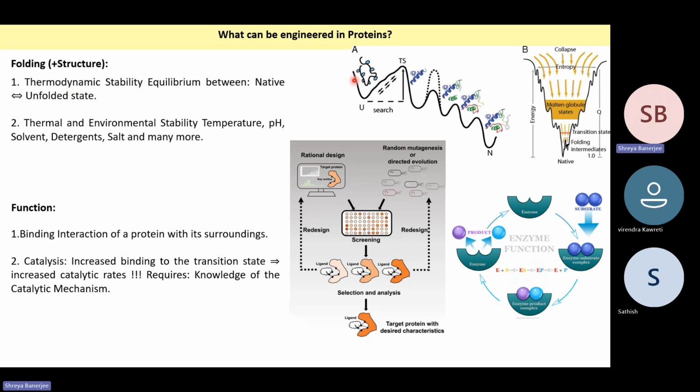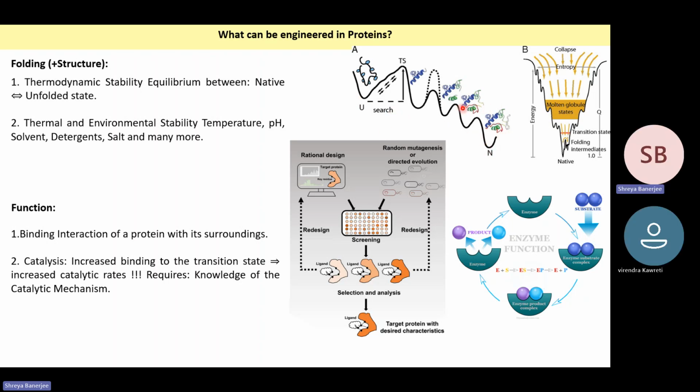So you have a protein in the native state, and on the way to the unfolded state, it can have many different local minima. So the native state of the protein is the global minimum, but while it is folding, it can occupy many local minima, which can be different transition states. So there is an equilibrium between the unfolded and folded state of the protein, and we can perturb this equilibrium by mutating the protein.